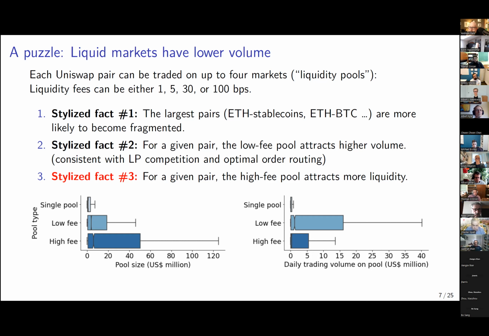In practice, what we find is considerable fragmentation, especially for large pairs. The most traded pairs tend to trade on multiple liquidity pools at the same time with different fees, and that itself is puzzling. Why doesn't trade just bubble up into one market?